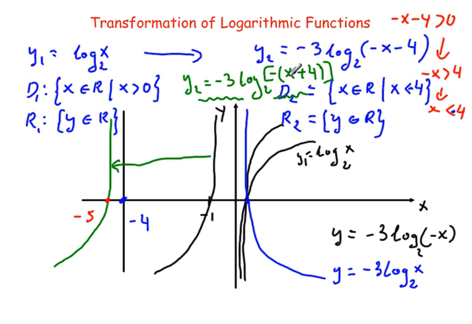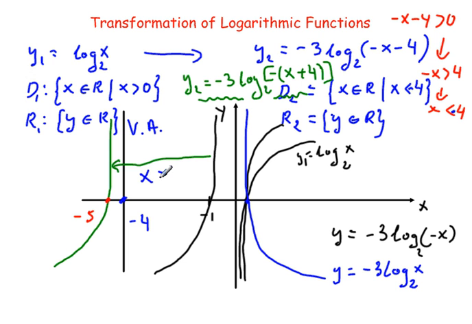Taking out the negative sign inside of the logarithm, we see that the negative sign causes the reflection in the y-axis. And then, knowing that the domain is less than -4, -4 becomes the vertical asymptote.